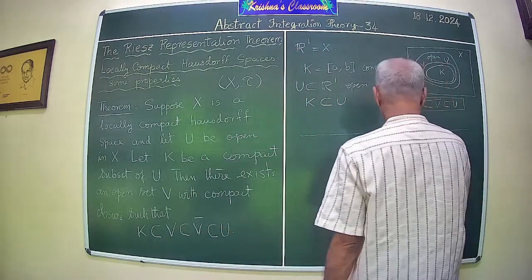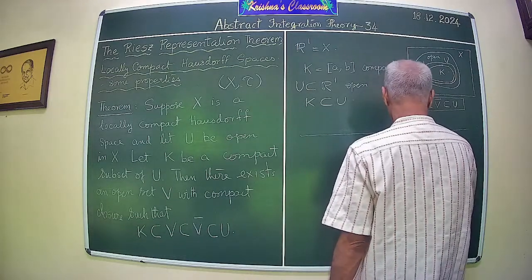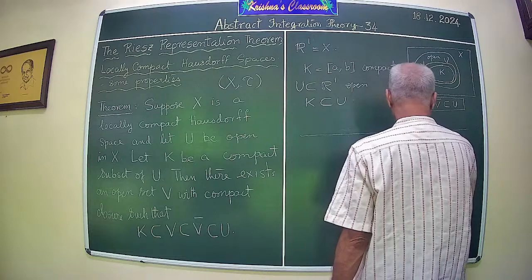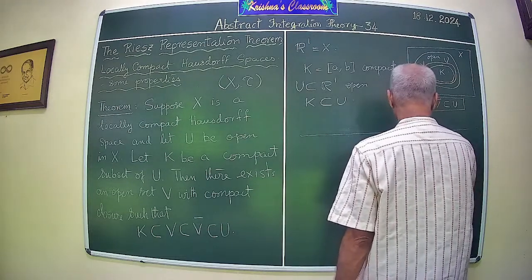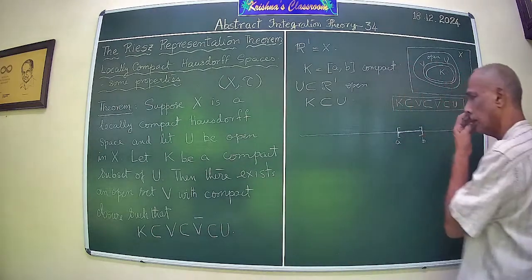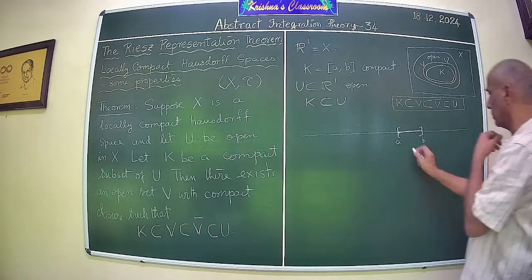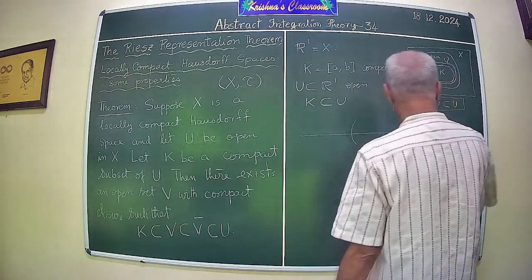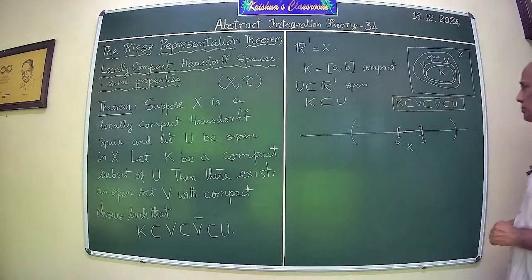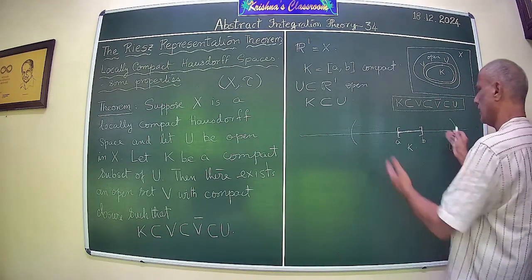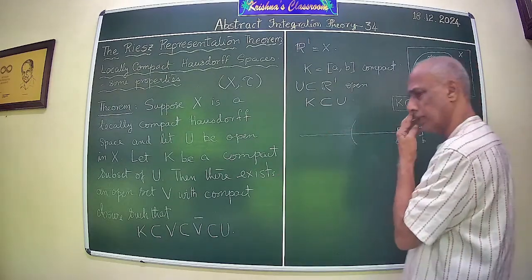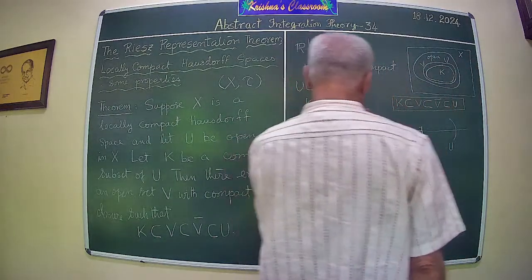So this is the scenario. This is the compact set K I am talking about. Now this is contained in some open set. So U is open, not necessarily bounded, it can be unbounded. So it can be the whole space also, as we shall see while proving the theorem.